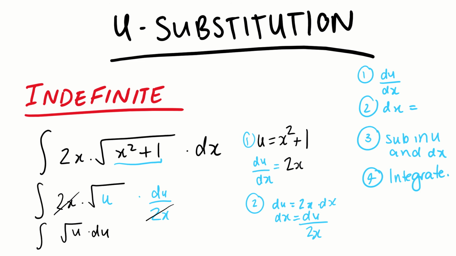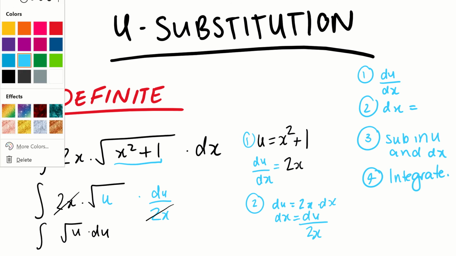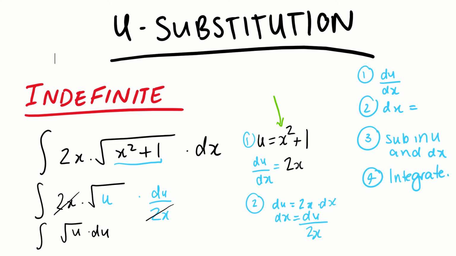So all my x's are gone, everything's in terms of u and du. That's what you want. The second thing that could happen, perhaps they don't cancel. Perhaps you still have an x involved in there somewhere, and it's not cancelling with anything, and you've got a u and you've got x, and it's just not looking nice. The only extra thing that you may be required to do is just rearrange the u substitution to get x equals.